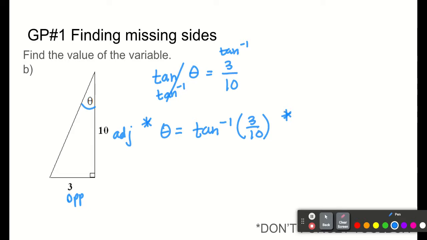So go ahead and type this into your calculator using whichever order you need to for your specific calculator. And if we round to the nearest degree, we're going to get theta is equal to 17 degrees.